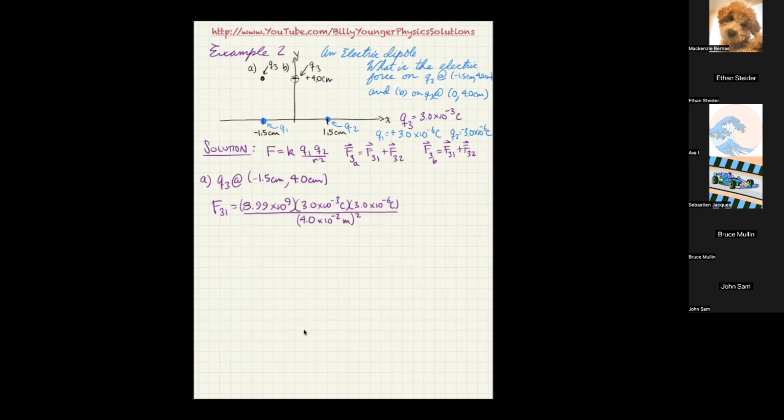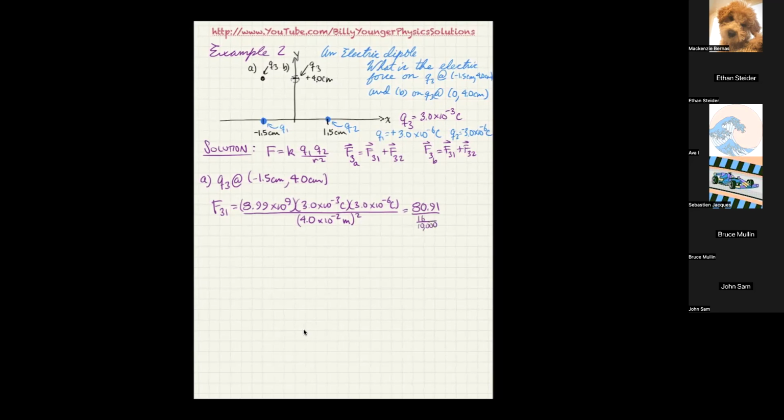0.04 squared. And that gives me 80.91, which notice the two sig figs would have been 81 over 0.04 would be 16 over 10,000.